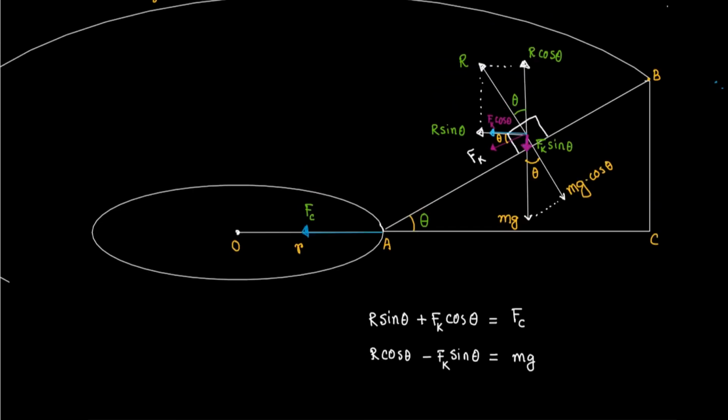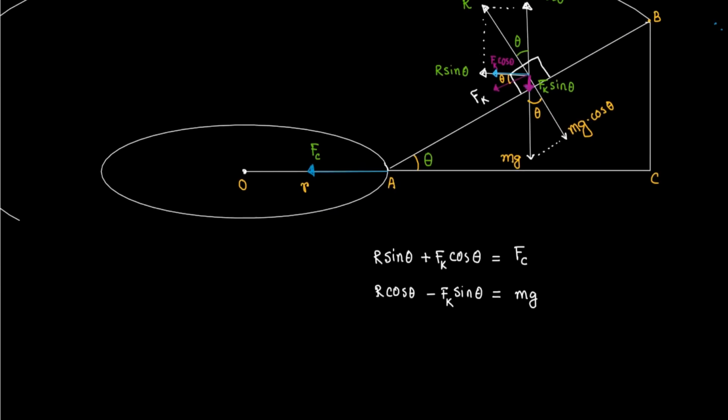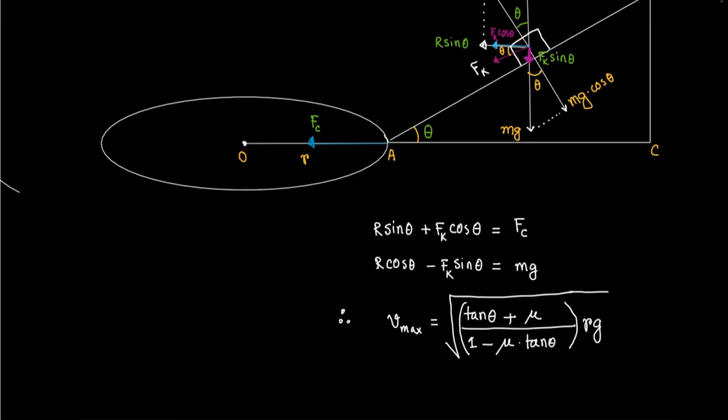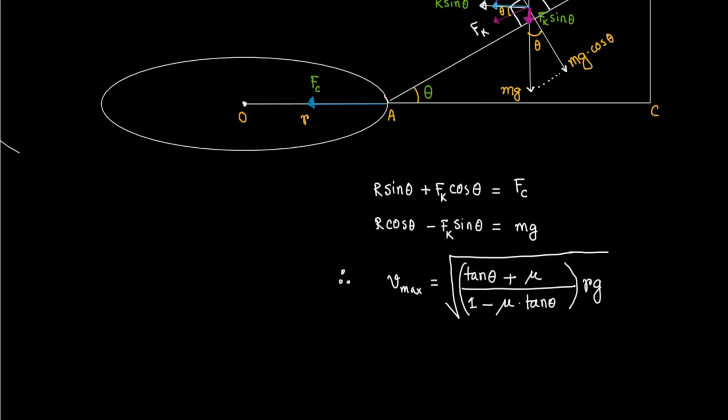And we can prove that the maximum speed for taking a turn is Vmax equal root over, bracket, tan theta plus mu divided by 1 minus mu tan theta, bracket closed, Rg. That is the maximum speed.